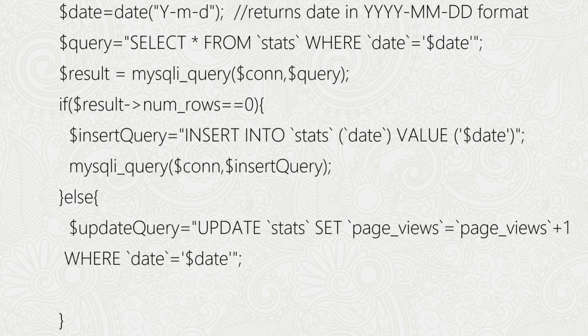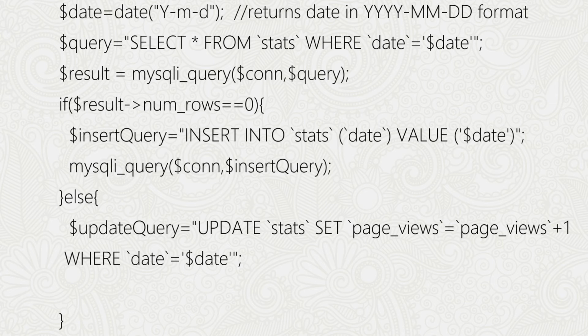Now moving to the next, we're going to write the update query inside the else block, and the query is something like this: update stats set page views equal to page views plus 1 where date equals $date. And that's it. We are done.